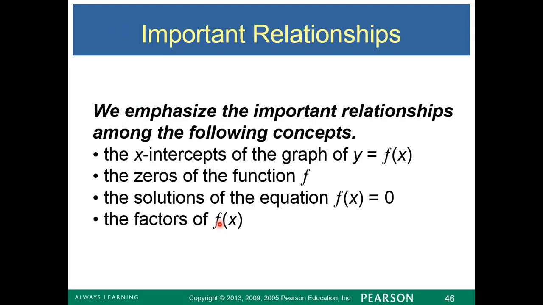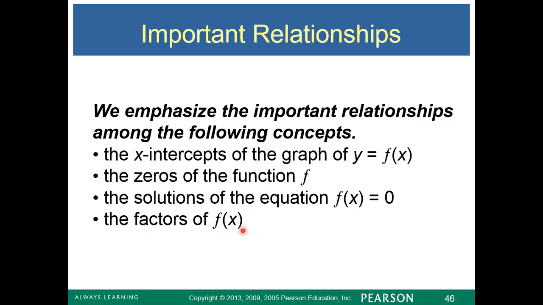Now, important relationships here. We emphasize the important relationships among the following concepts: the x-intercepts of the graph y equals f of x, the zeros of the function f, the solutions of the equation f of x equal to 0, the factors of f of x.